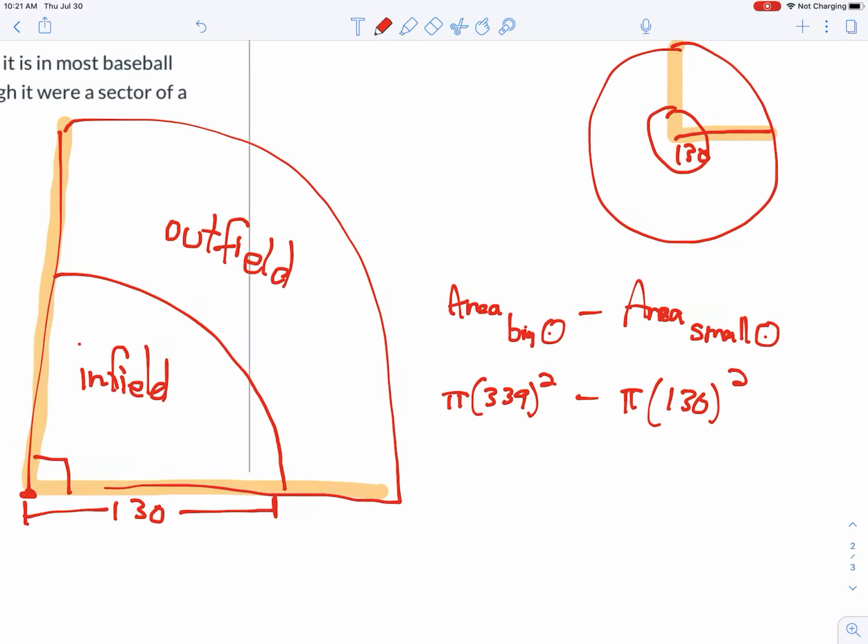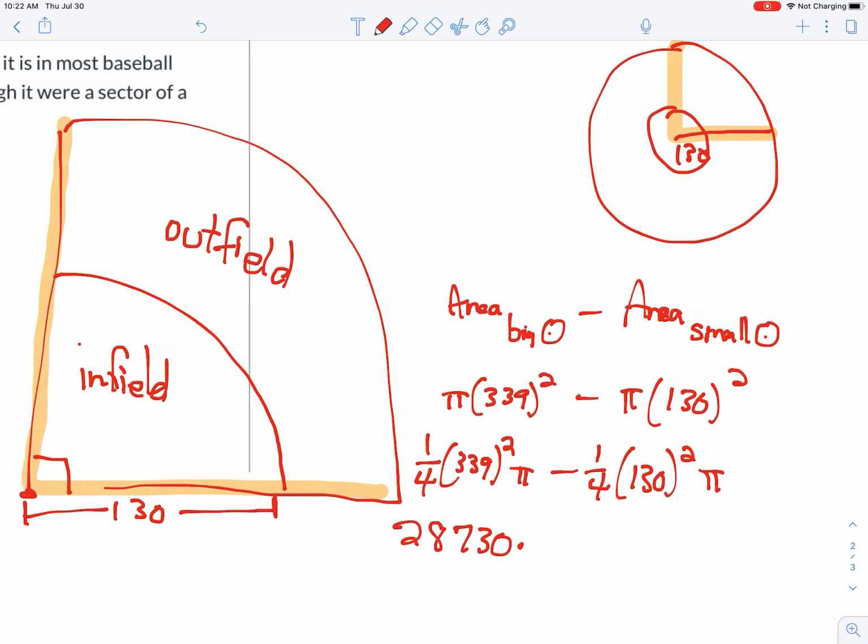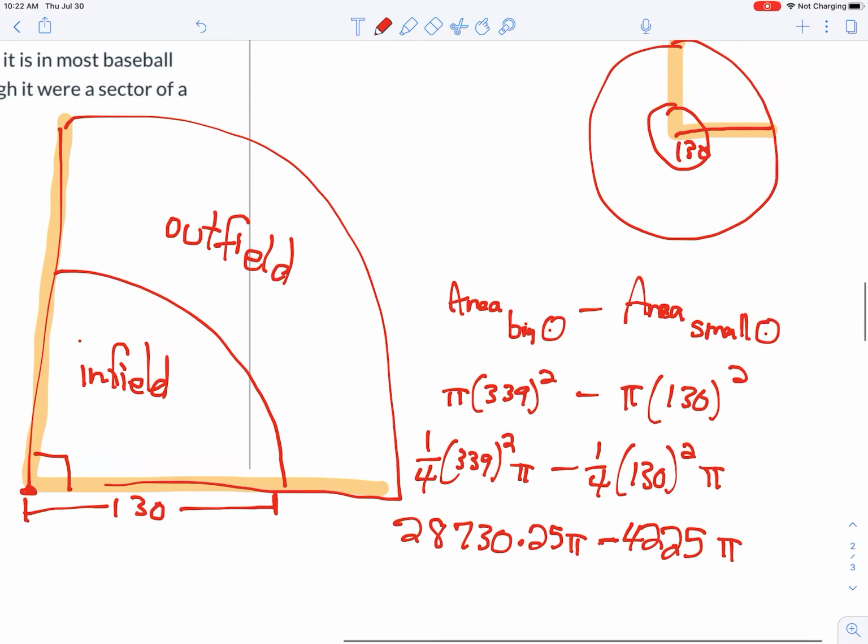So I'm going to have 1/4 of 339 squared pi minus 1/4 of 130 squared pi. Check my math. I get 28730.25 pi minus 4225 pi.